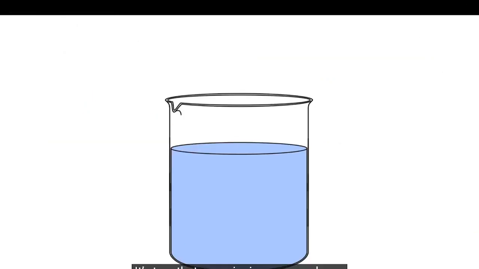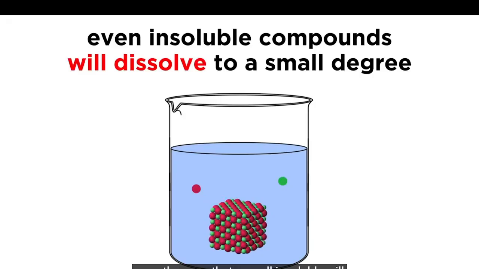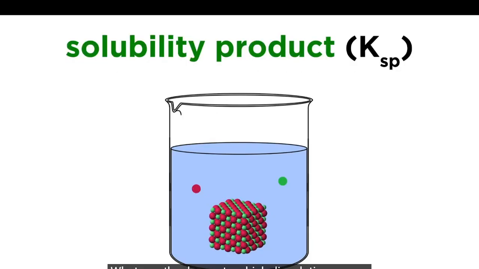It's true that many ionic compounds are completely soluble, but the reality is that even the ones that we call insoluble will dissolve to a minuscule degree. Whatever the degree to which dissolution occurs for a particular substance, we can communicate this using the solubility product, abbreviated as KSP.